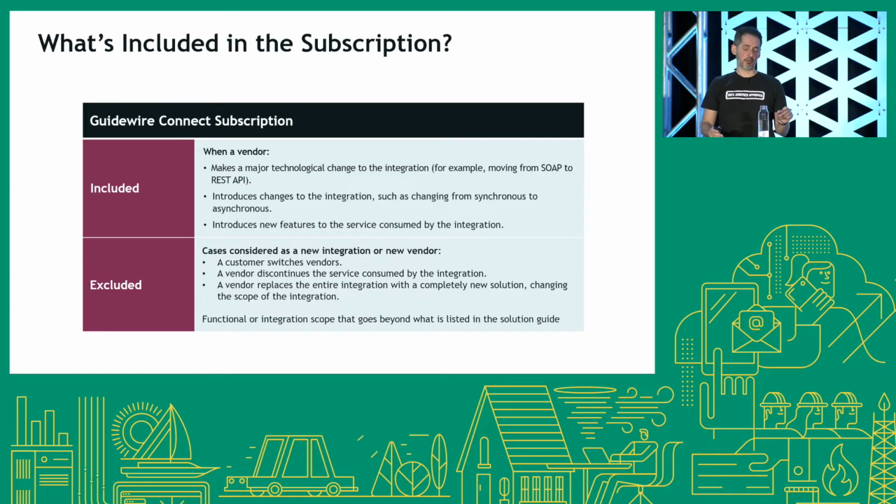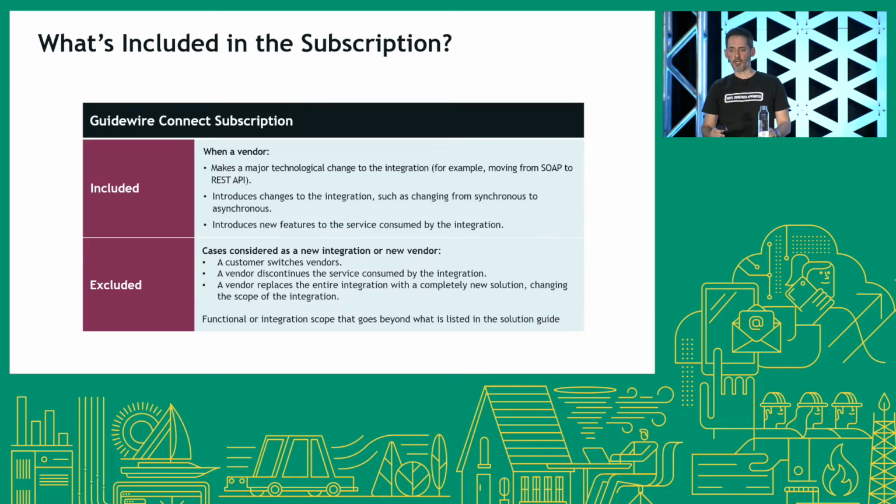Now, the important thing to highlight is that each of the integrations that Rick will be referring to comes with a solution guide. This solution guide outlines the functional and technical scope of the integration, and any additional scope that the project wants to implement would be part of their implementation and is not part of the subscription.